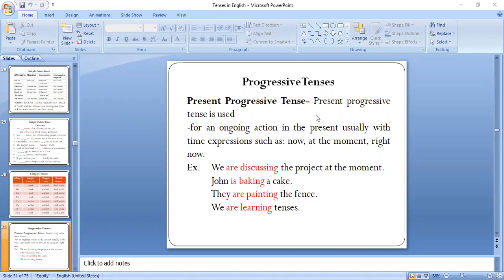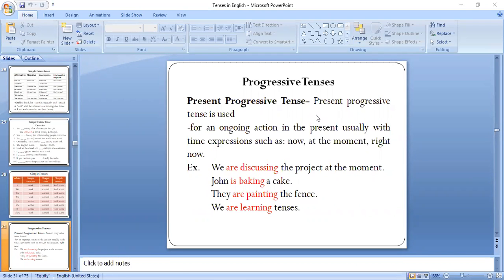Are discussing, these are the indicators of the continuous action. We are discussing the project at the moment. आपण सध्या आत्ताच्या मोमेंट मध्ये या प्रोजेक्ट वर डिस्कशन करतोय.